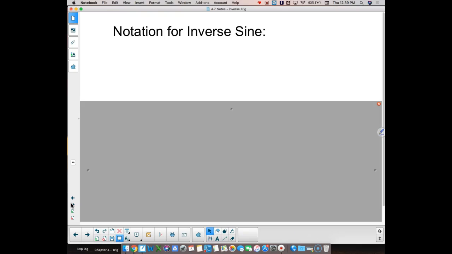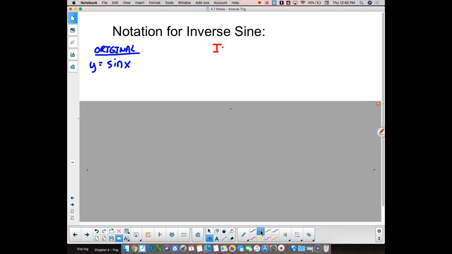So my function notation, or what the function looks like, is, so my original would have been y equals the sine of x. Okay? So that's my original. Okay? My inverse is going to be y. So if I go x equals sine of y, that would be y equals the inverse sine of x, which you've seen.